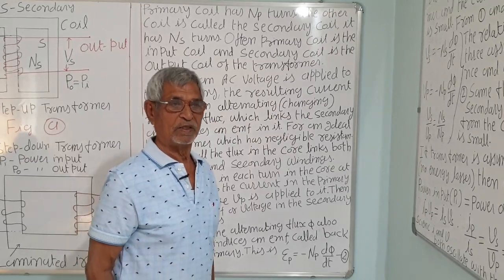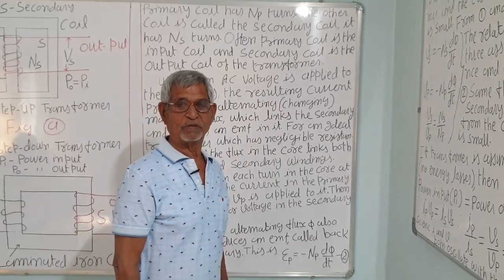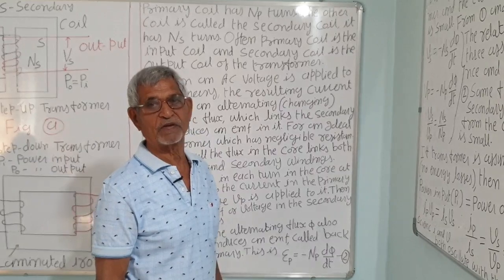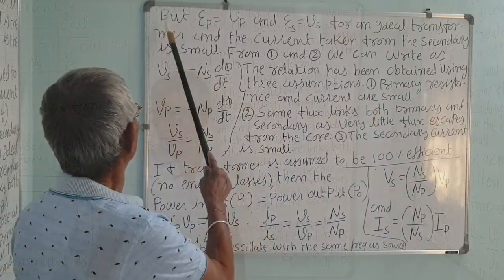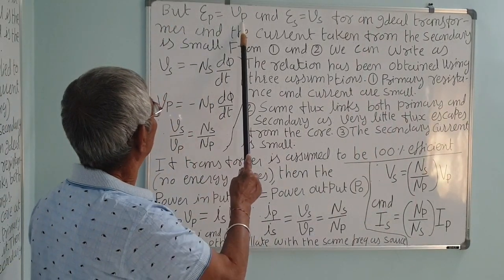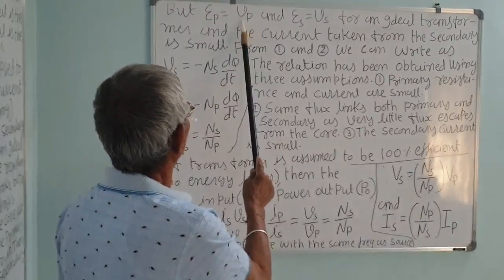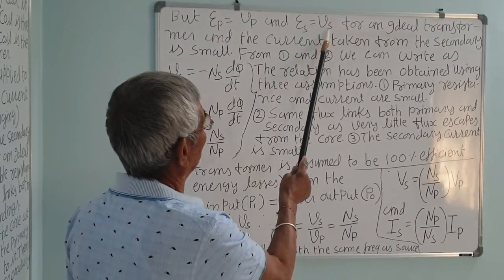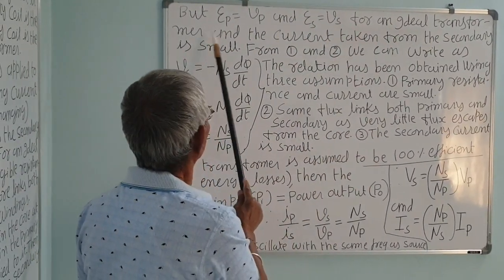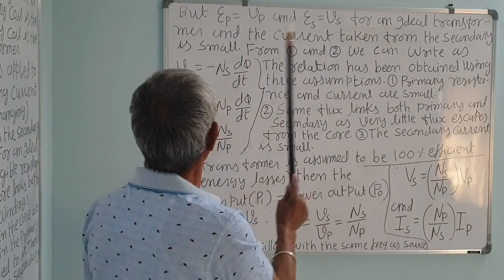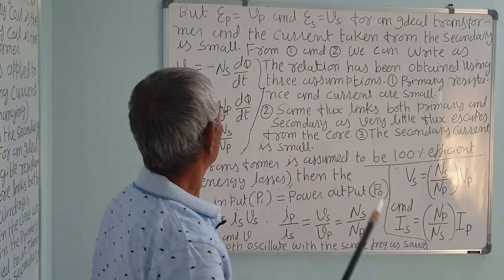Whatever flux is due to the current in the primary will link with the secondary. For an ideal transformer, Ep is equal to Vp, there is no loss of power, and Es is equal to Vs, and the current taken from the secondary is small.